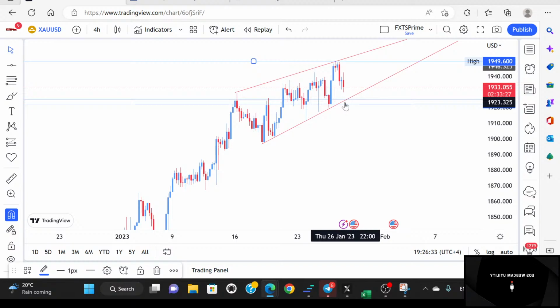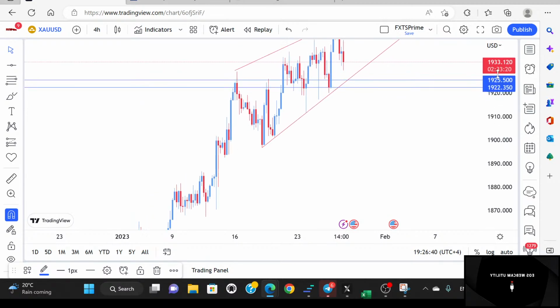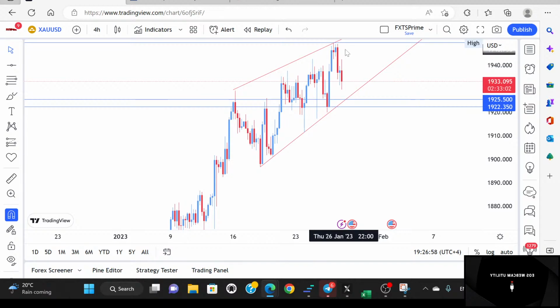However, if this pattern succeeds and breaks the level of 1925.500 or 1922.350, if we break these two levels down and close below them on the 4-hour time frame or on a daily basis, we're going to have a continuation movement for gold down.